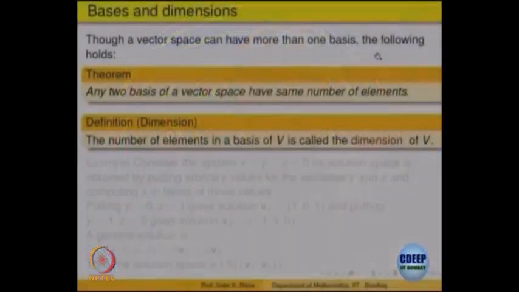So we can define it for anything now. V is a subset of Rn, which is a vector space. In any vector space, the unique number, that is the number of elements in the basis, is called the dimension of the vector space, right.